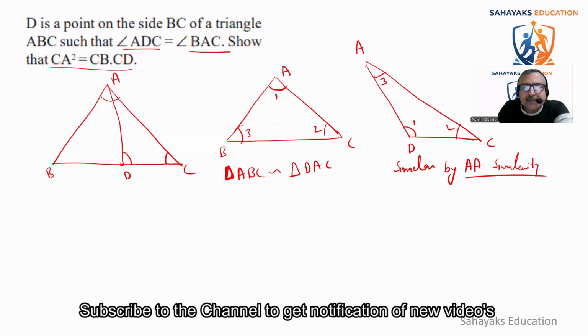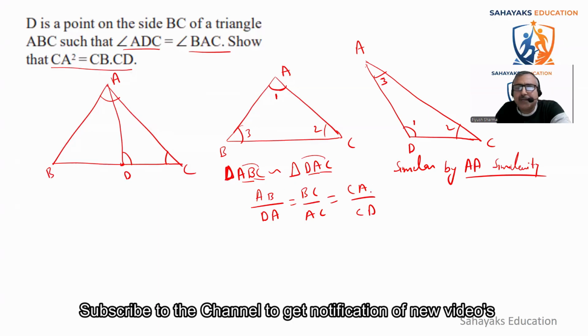Now, when these two triangles are similar, we can say that AB by DA is equal to BC by AC is equal to CA by CD. Okay.